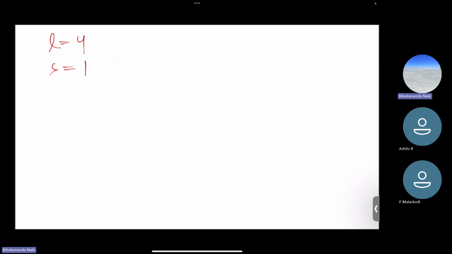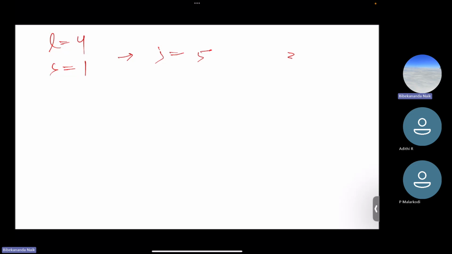Can anyone tell me what will be the values of J? What is L plus S? 5. What is L minus S? 3.